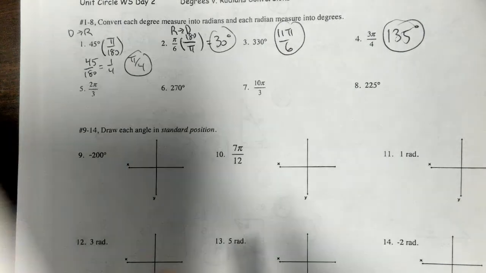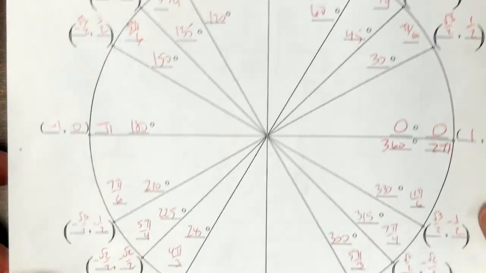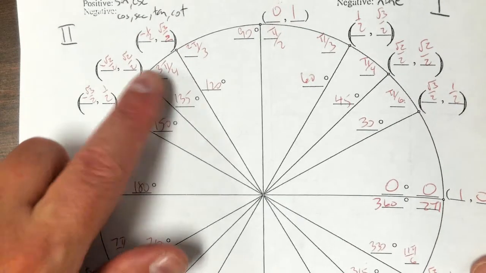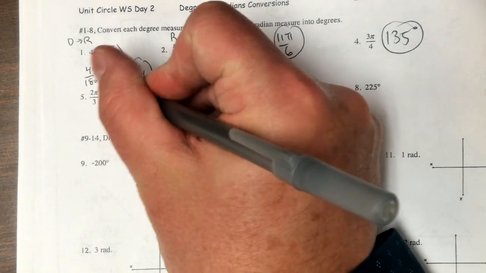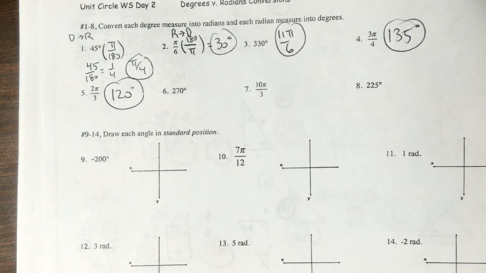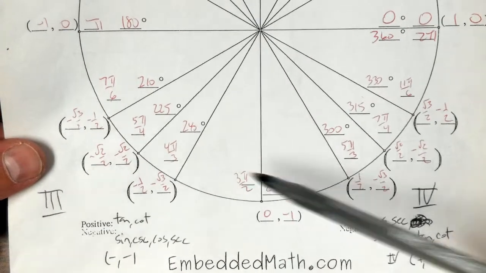Two pi over 3 is 120 degrees. 270 is 3 pi over 2.